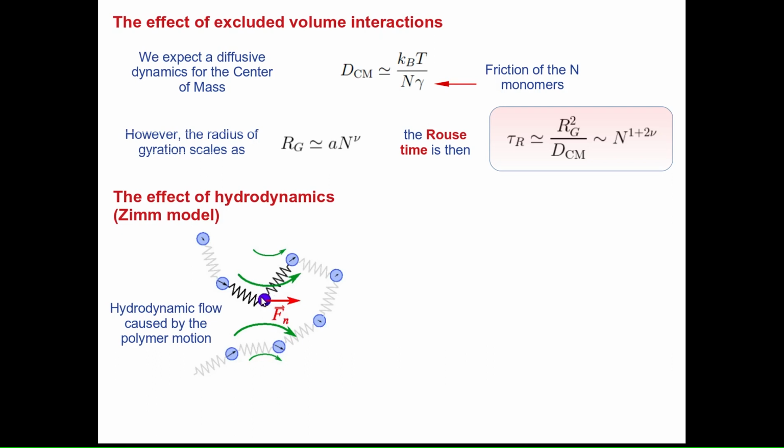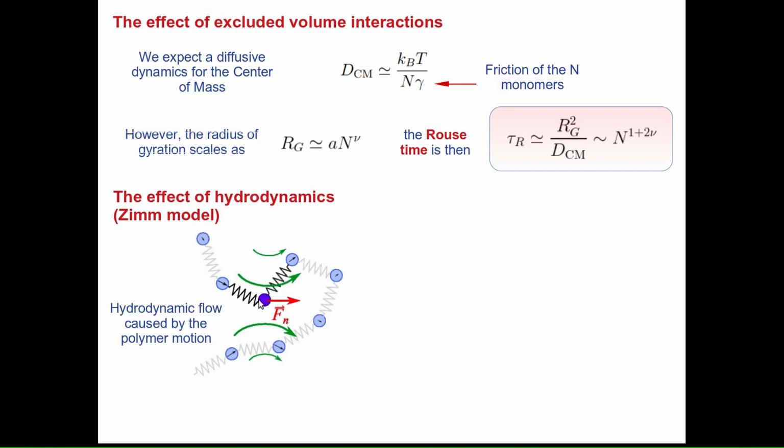If one monomer moves in a certain direction, it will perturb the surrounding fluid, and the fluid will be set into motion. So there will be some velocity field that propagates. The fluid is like water, and the fluids that we are considering are incompressible, so there will be some motion up to infinity in principle.